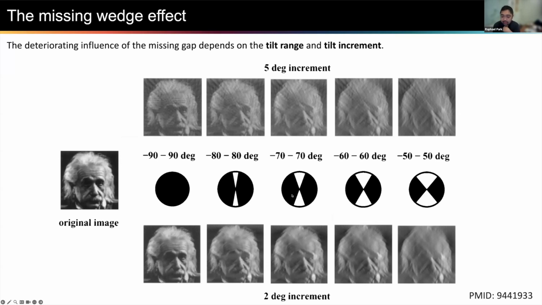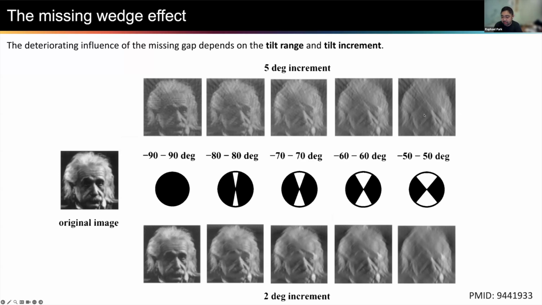Because of the way the microscope is built, we cannot collect data from minus 90 to plus 90 degrees. This would be the most ideal scenario, but we just simply cannot do it. So we are mostly collecting data in the region between 60 to 50 degrees.